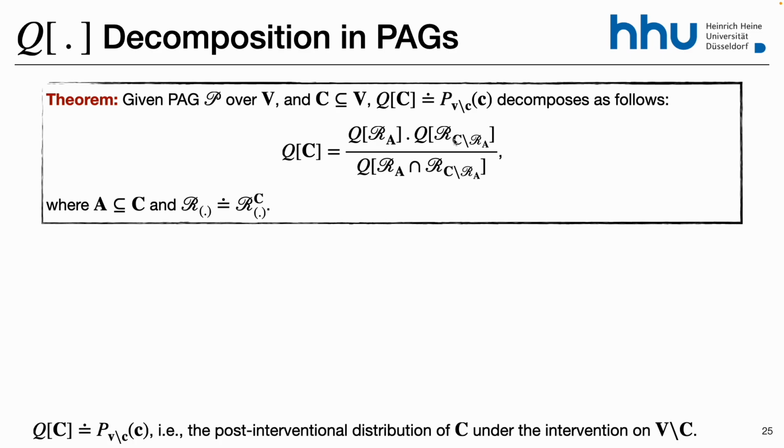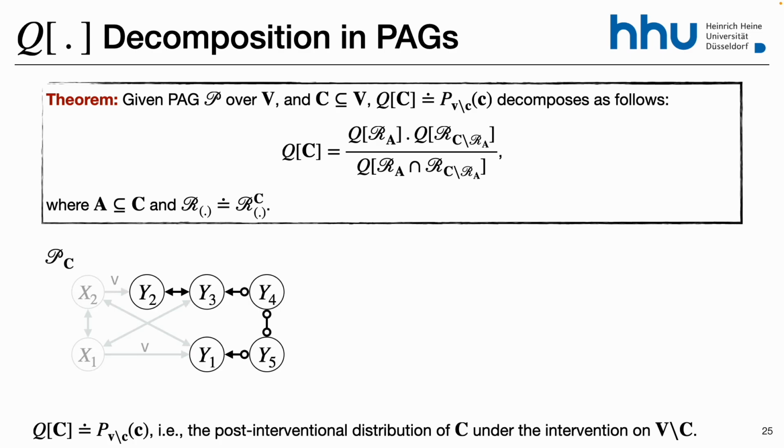Let's see an example. Suppose that C is this as before, so it's just the y's. Then I want the region of y1, so I get A equals y1. We just saw that the region of y1 is y1, y5, and y4.